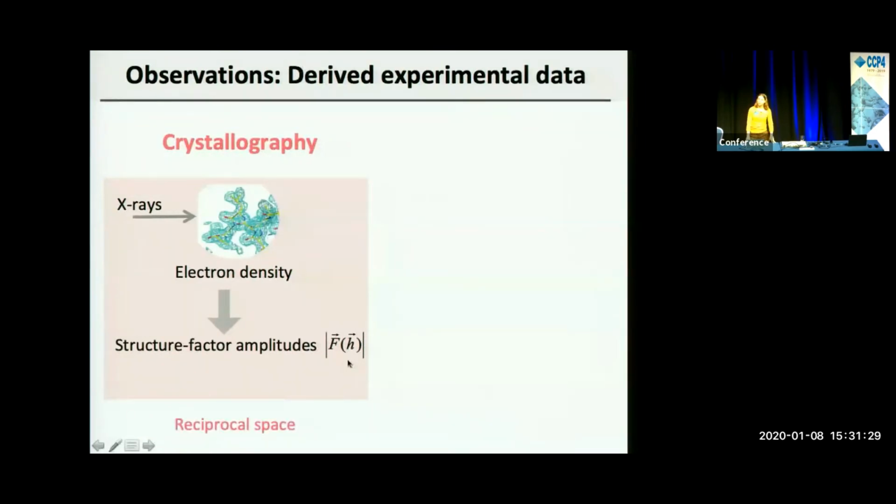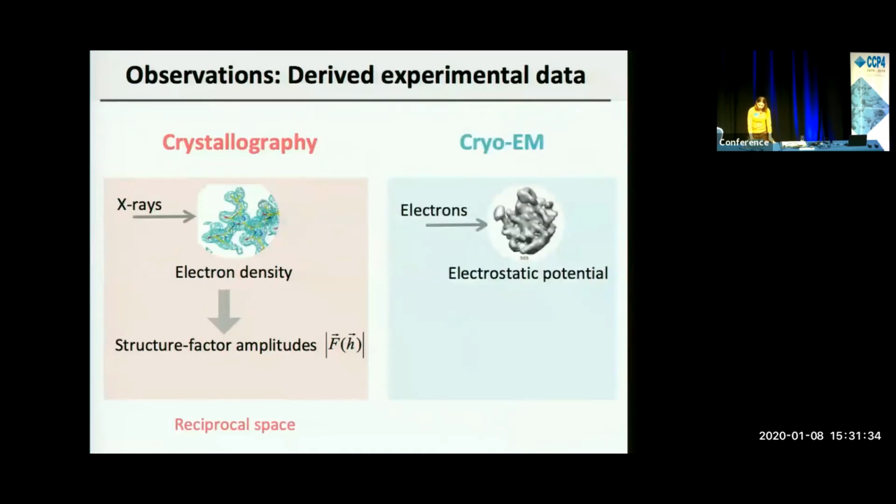So it makes sense to perform refinement in reciprocal space. And in cryo-EM, the interaction is between the electrons and the electrostatic potential. And this yields a cryo-EM map or 3D reconstruction. And this is a quantity which is in real space. So it makes sense that we perform refinement in real space.